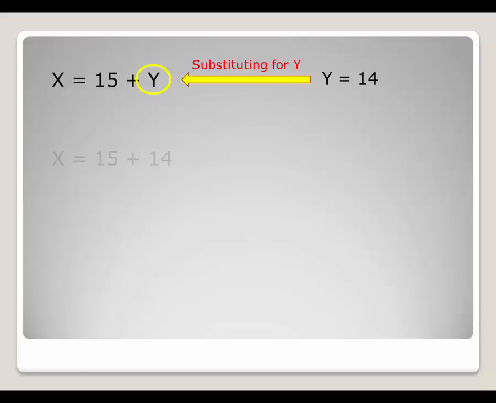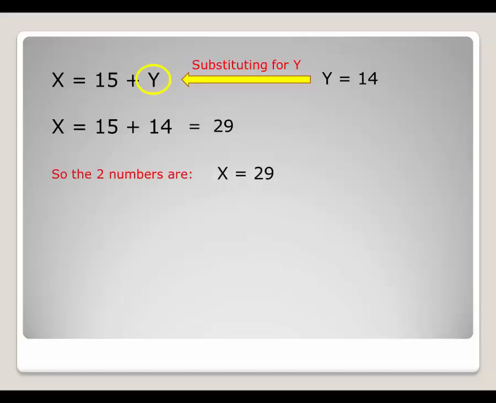This becomes x equal 15 plus 14. And as you can see, by adding these together, the result is 29. So from this, we can see that the two unknown numbers are x equal 29 and y equals 14.